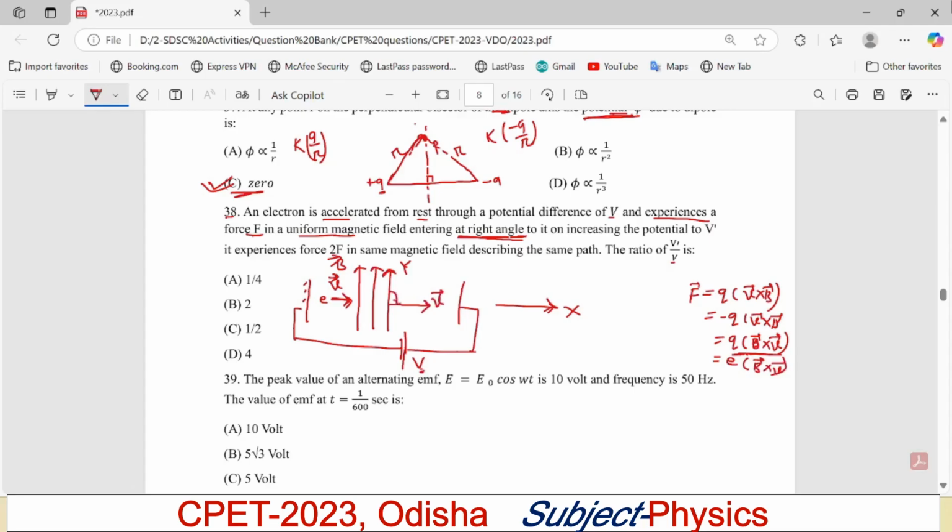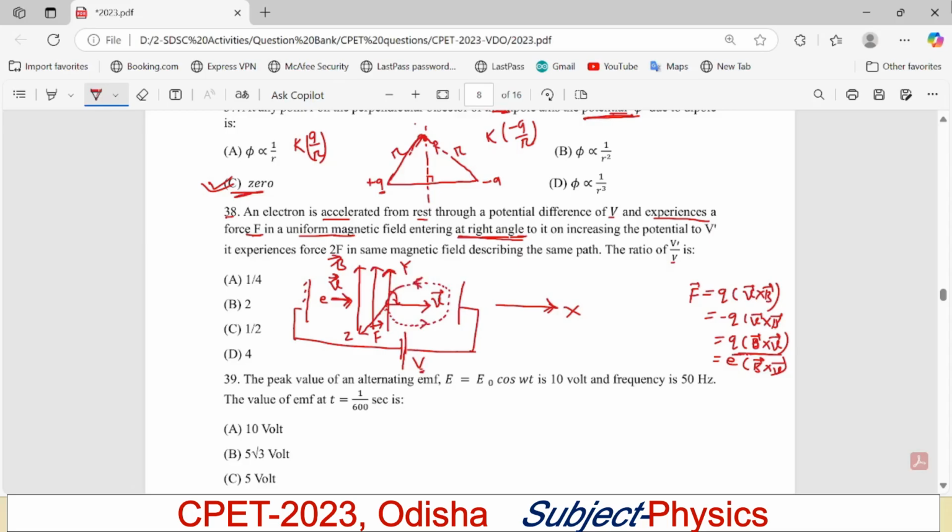So the force will be along the z direction, due to which the electron tends to move in the xy plane in a circular path.